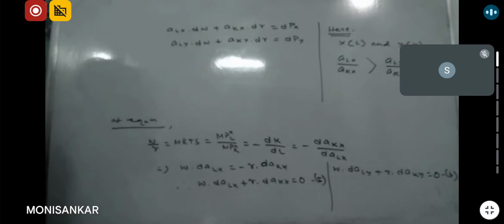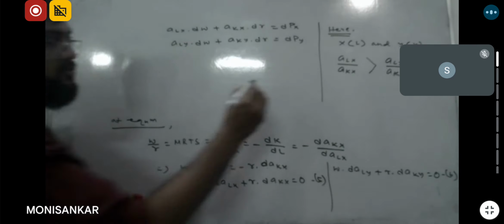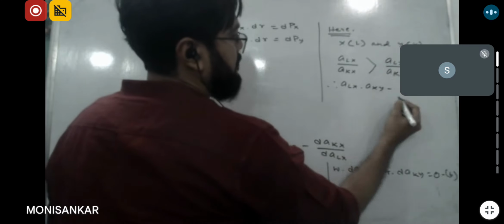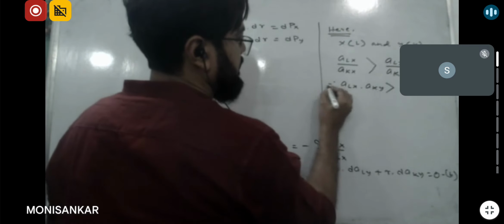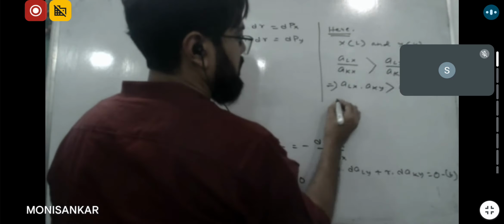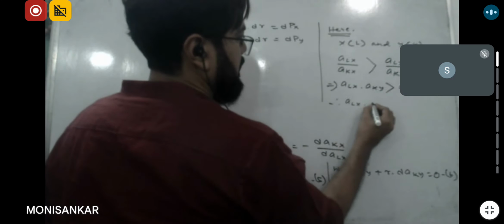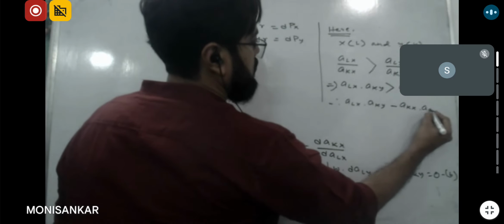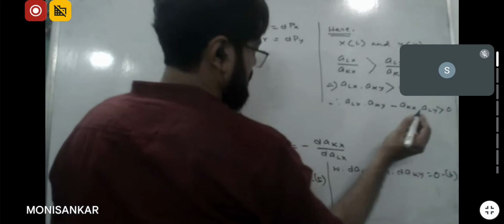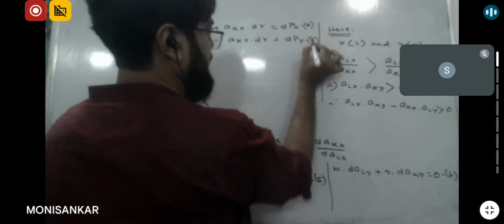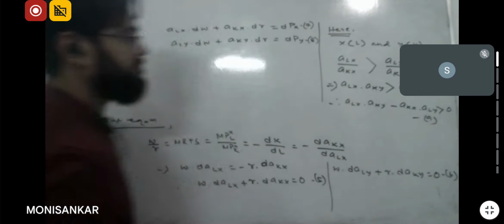So labor capital ratio is higher in commodity X. So this implies ALX into AKY is greater than AKX into ALY. So ALX into AKY minus AKX into ALY is greater than 0. So this is your equation 7, 8, this is 9.